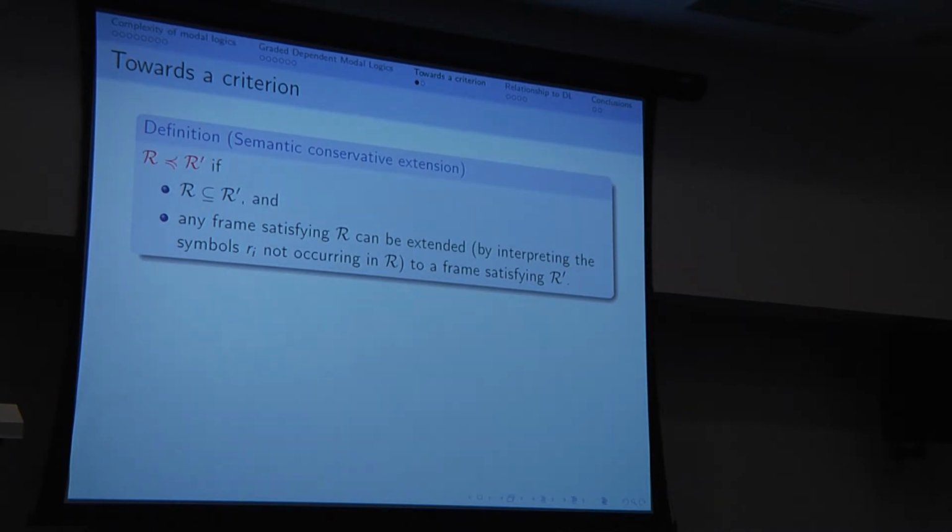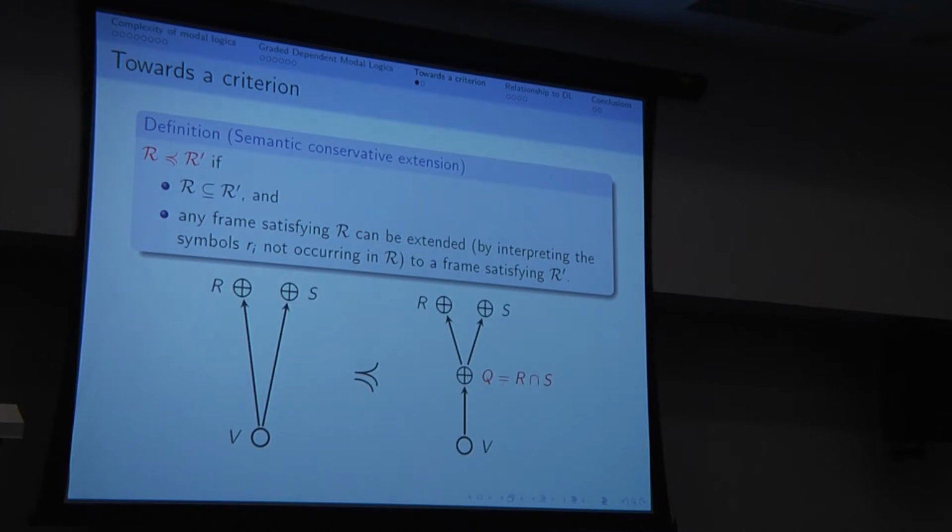Let me illustrate this definition. On the left we have an RBox with three relations, R, V, and S. Two of them are transitive, V is not. And on the right we have, again, this one and additionally another relation. This is a conservative extension of that.